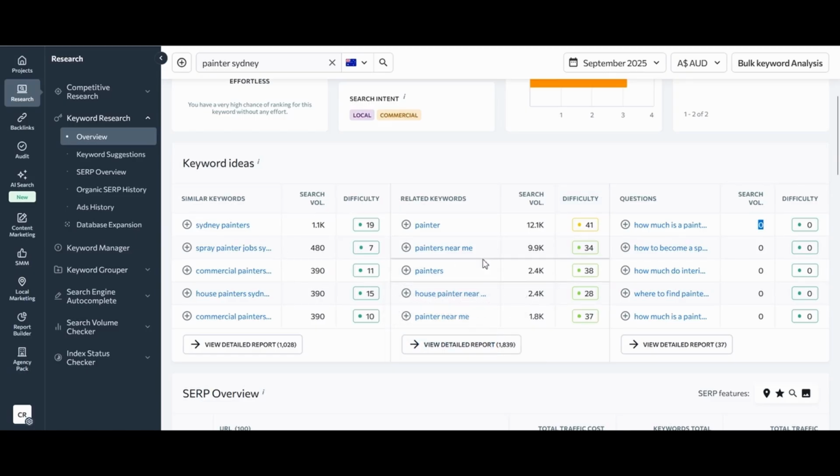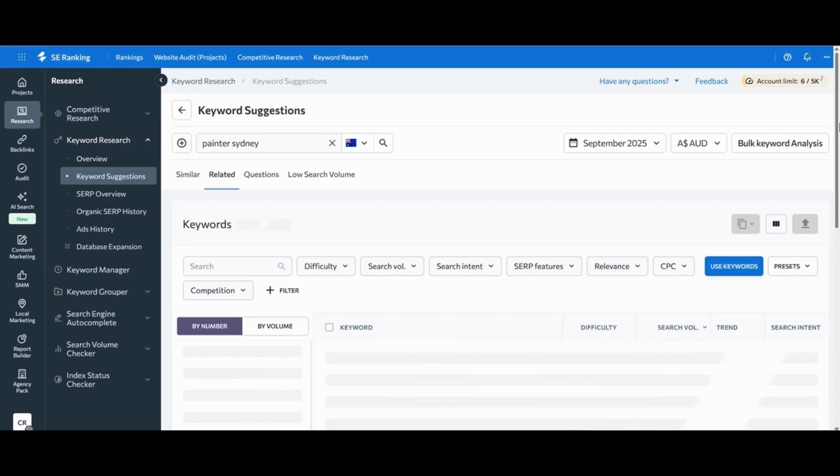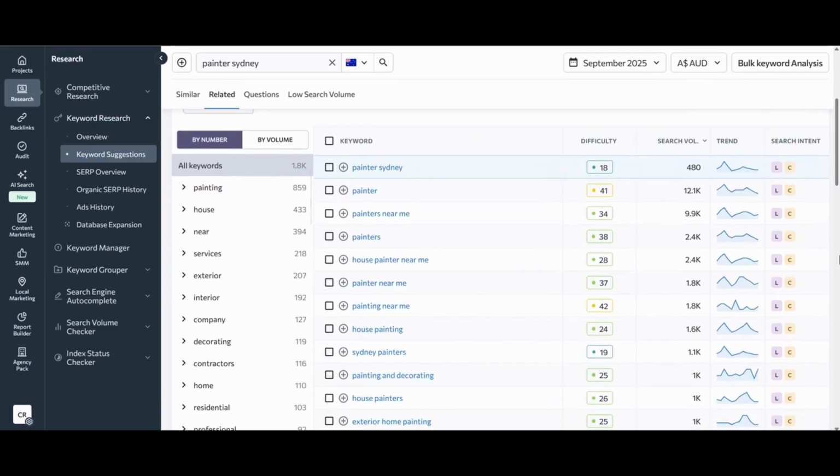Whereas if I have a look at some of these related words, you can find some other keywords that you would like to rank for.